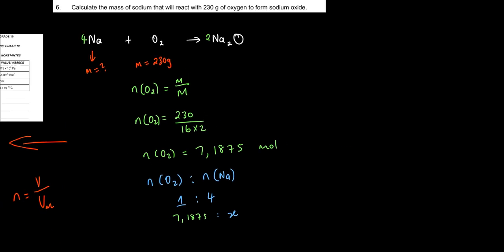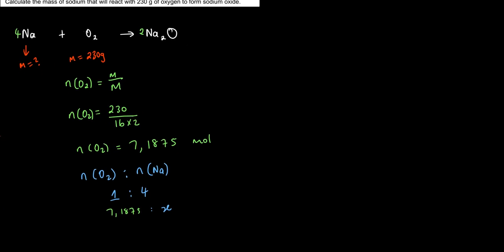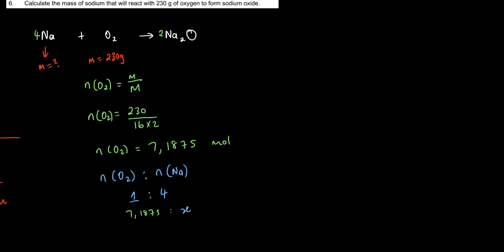So if we cross multiply, I'm going to have x times 1 is x, and then I'm going to have 4 multiplied by 7,1875. So therefore, what would be our x?